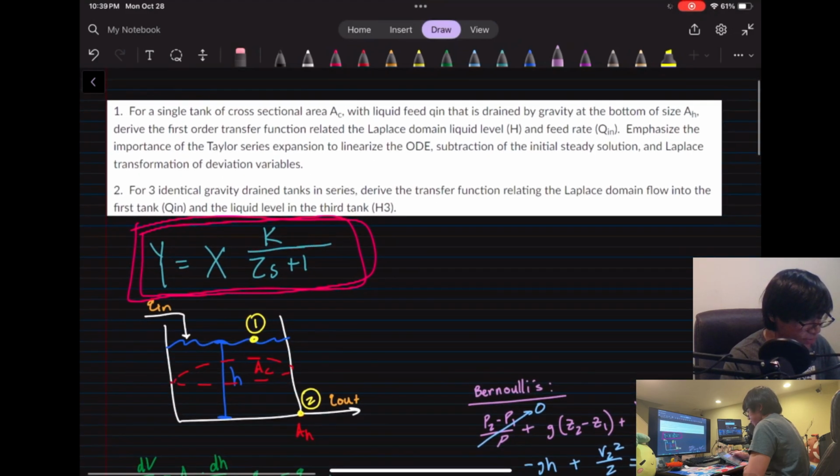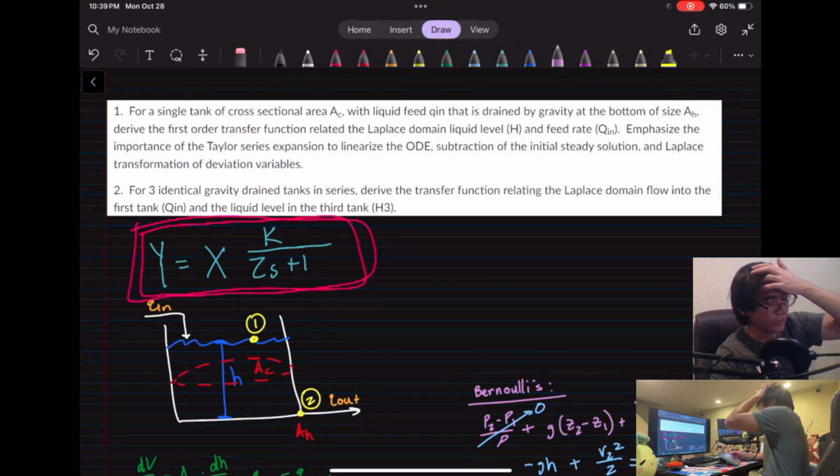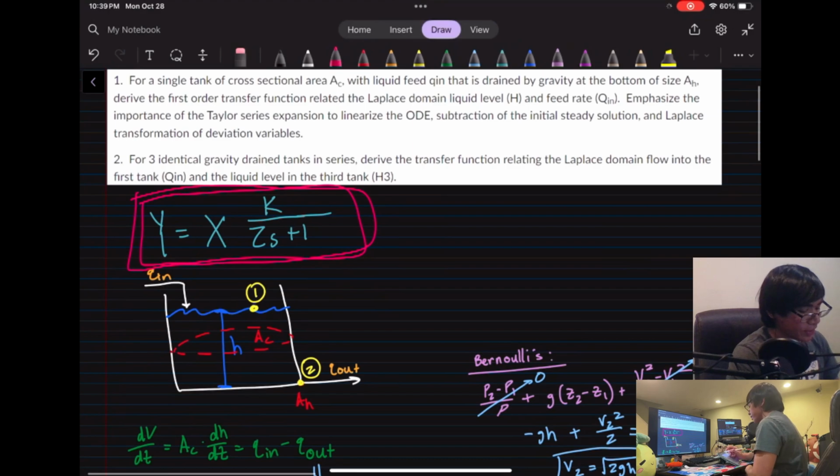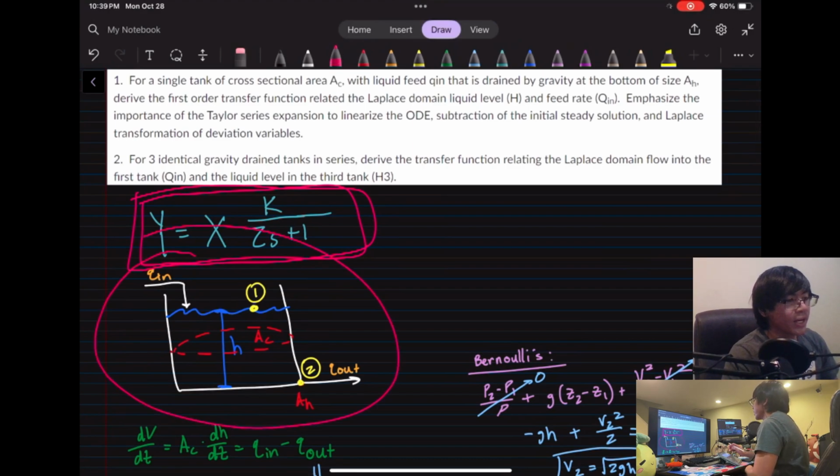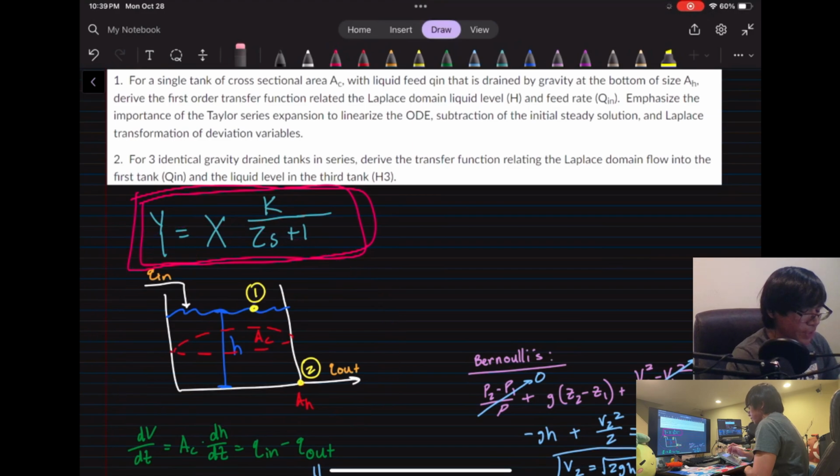Now for part 2 of this video, we're going to be doing 3 of these gravity drain tanks right here. And it's actually pretty simple.